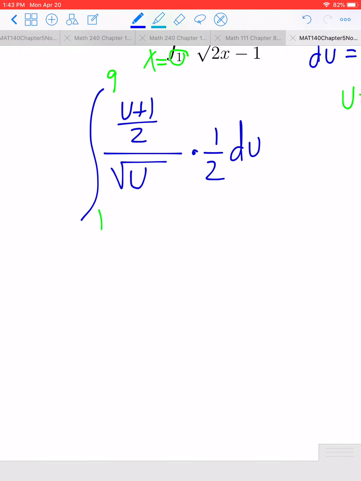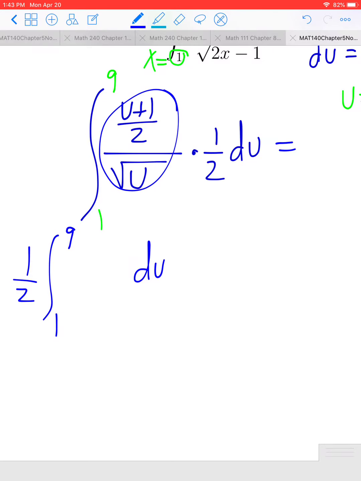Let's go ahead and simplify this. First of all, using the constant multiple rule, we can take the 1/2 to the outside. We have the definite integral from 1 to 9. Integration is being done with respect to u. And for this part here, if you have u plus 1 divided by 2 divided by the square root of u, that's division of fractions. Just do a keep change flip.